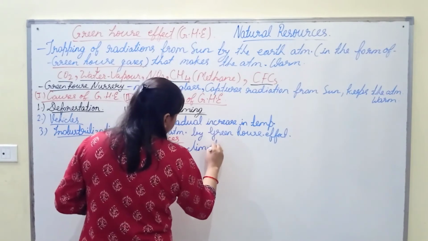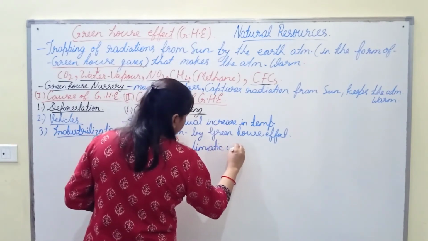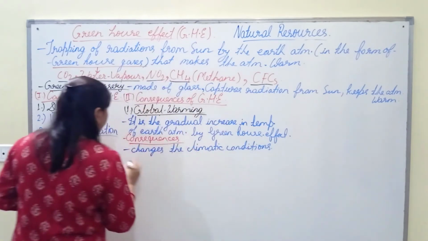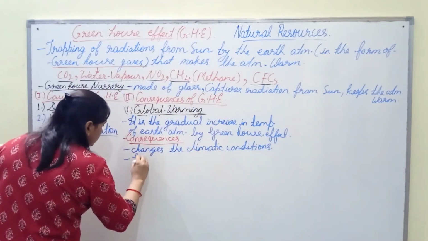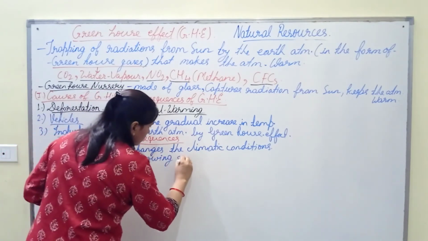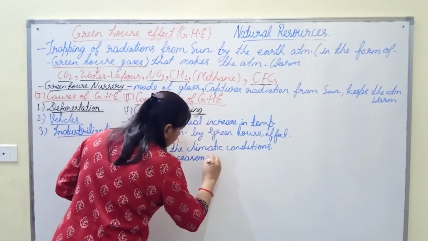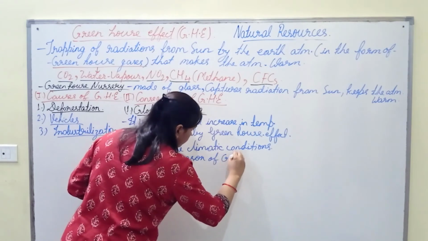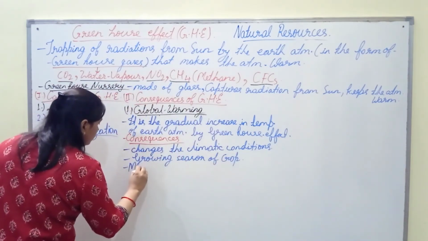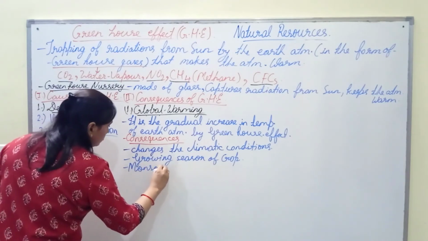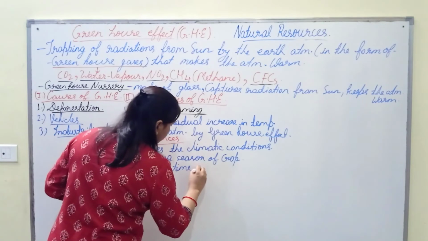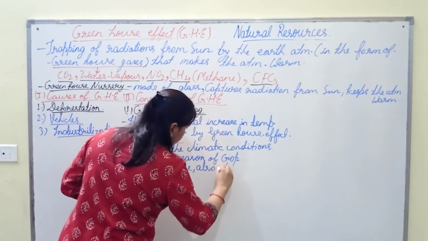Global warming can affect the growing season of crops. The growing season of crops can be affected by global warming. Monsoon time can also be affected by this global warming.